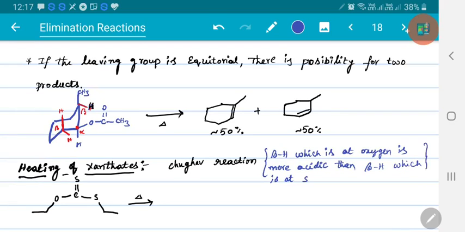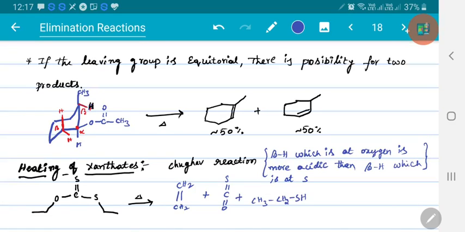As that is more acidic, abstraction of hydrogen will take place at that position. So you will get CH2 double bond CH2, the alkene formation at that position. If it happens here, then this bond gets shifted here. So you will get C double bond S and a double bond O, and the remaining one, CH3CH2SH. So this is the Chugaev reaction.